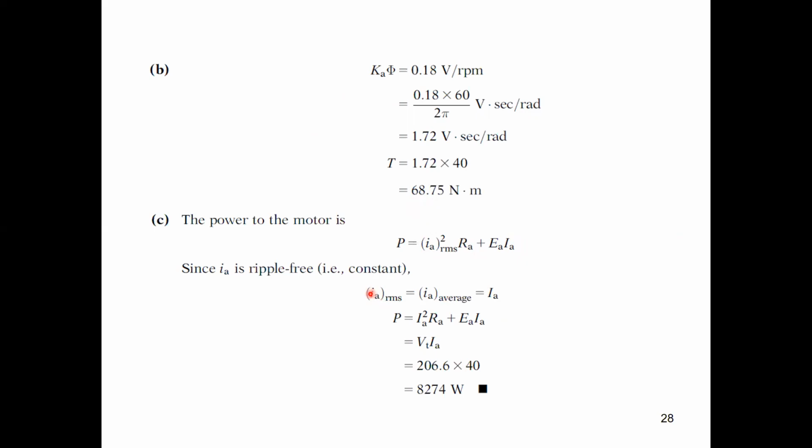So for constant DC current, the RMS value is equal to the average value, the same as 40 amps. So we can calculate the power as I squared R, 40 squared multiplied by the machine resistance, plus Ea Ia, which is equal to V terminal Ia. So we can multiply V terminal by Ia to get the input power of the machine.